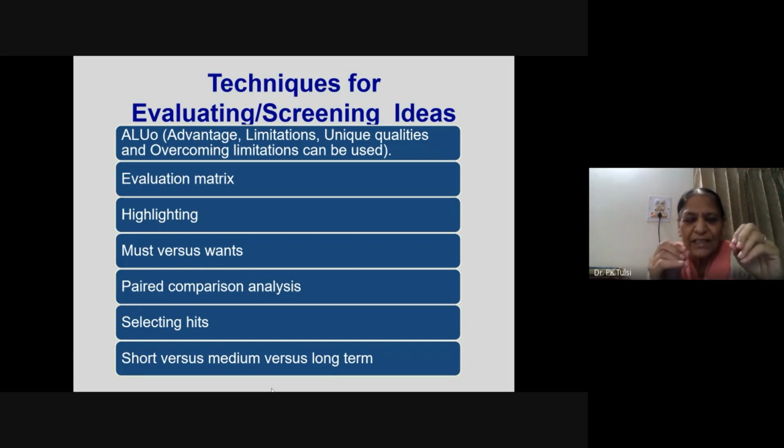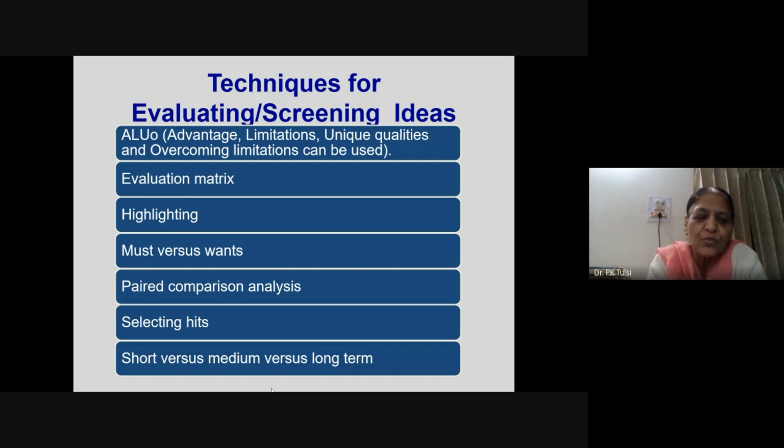This is where for each idea, this is generated. Evaluation matrix is where you try to evaluate the idea with respect to certain criteria. Then highlighting how many of the people have given that idea. So highlighting those ideas which have been given by maximum number of people.